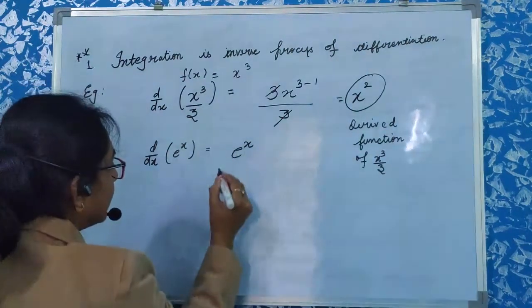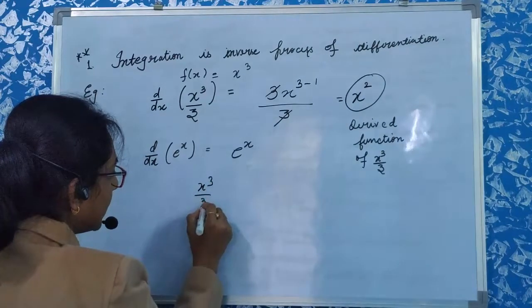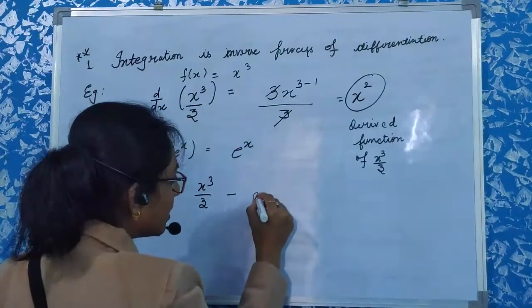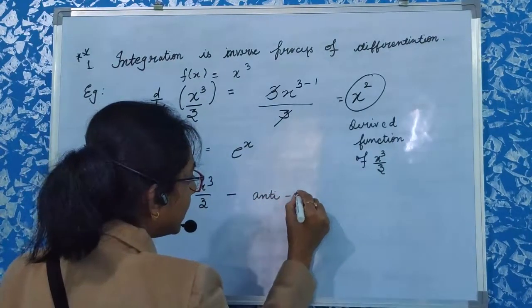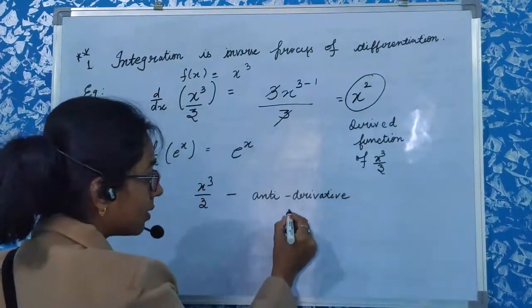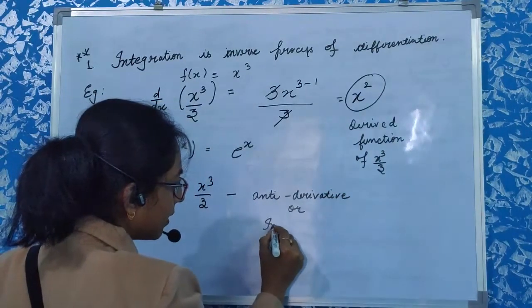Then x cubed by 3 is the antiderivative, the opposite. Antiderivative, or to make it more clear, integral.